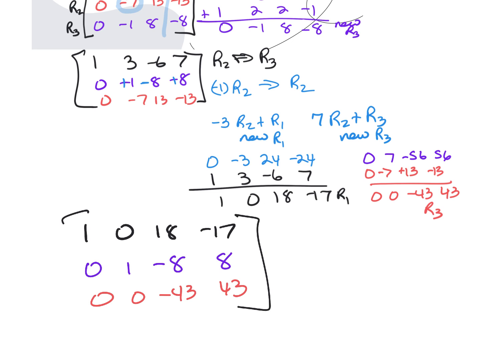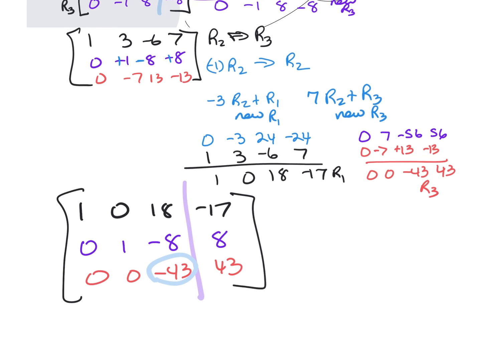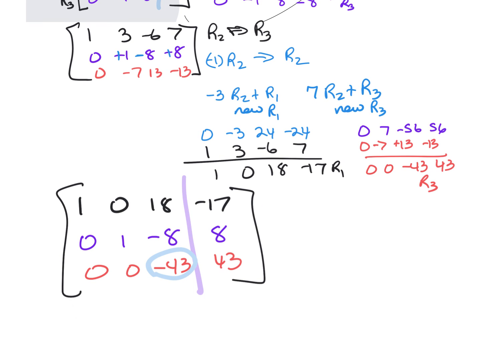I'm getting there. I'm not done yet. So now, remember, the last thing we need to change now is this last -43. And then to do that, all I have to do is take row 3. And I also have to make it a 1, but then I got to make the things above it a 0 as well.